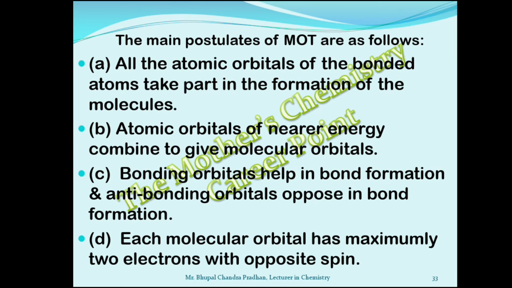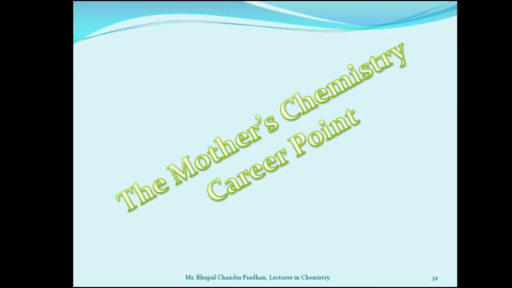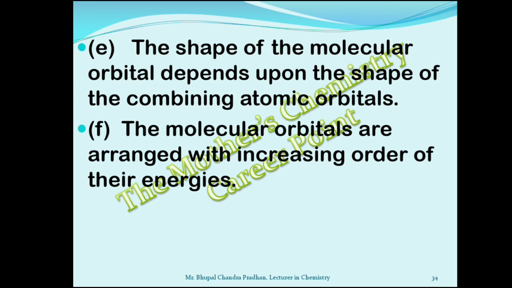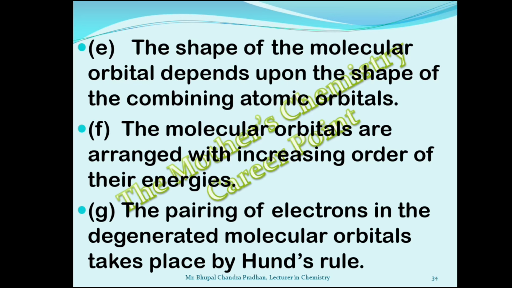Each molecular orbital has maximum 2 electrons with opposite spin. The shape of the molecular orbital depends upon the shape of the combining atomic orbitals. The molecular orbitals are arranged in increasing order of their energies. The pairing of electrons in the degenerate molecular orbitals takes place by Hund's rule.